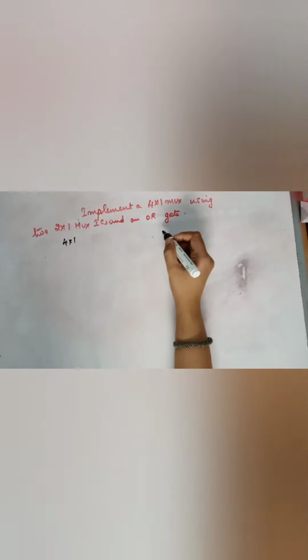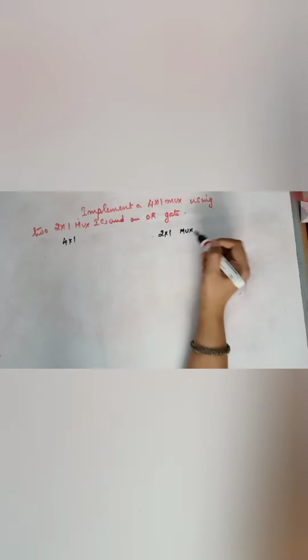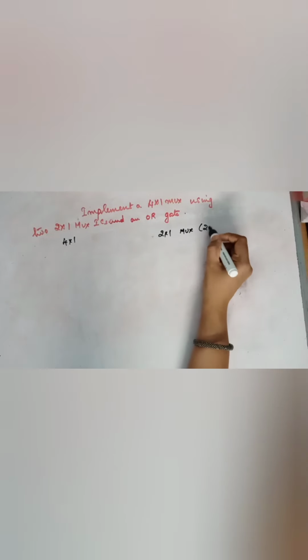For this we have to first know what we need and what we have. So this is our question. What do we need? We need a 4 by 1 mux. And what do we have? We have 2 by 1 mux ICs and an OR gate.